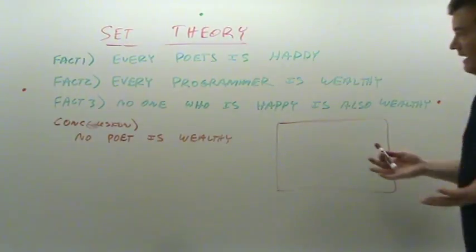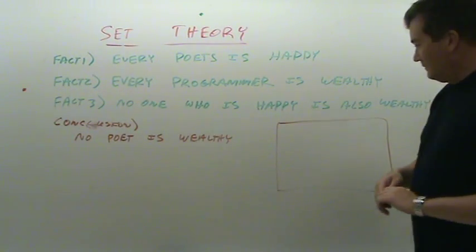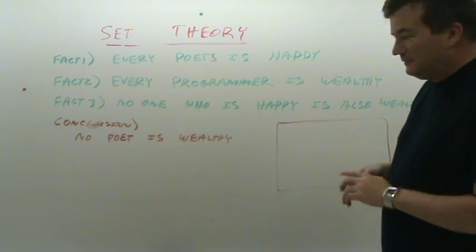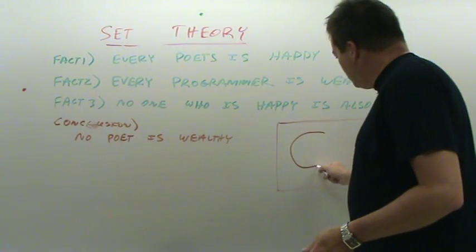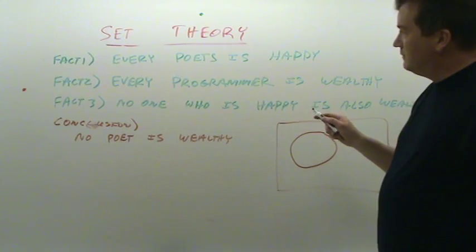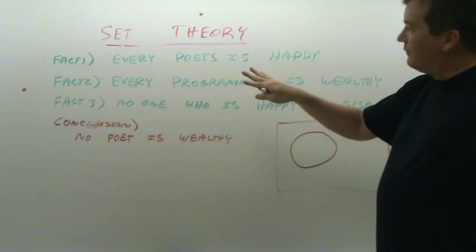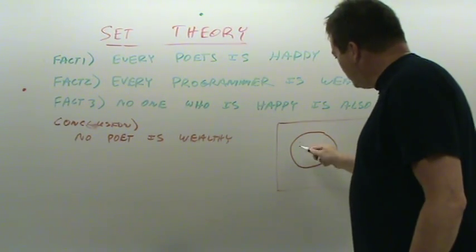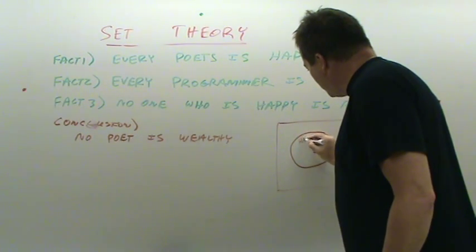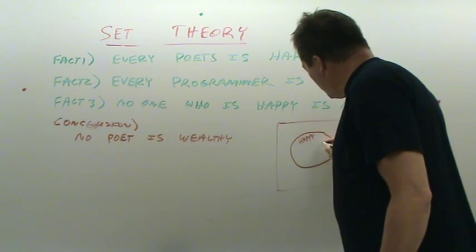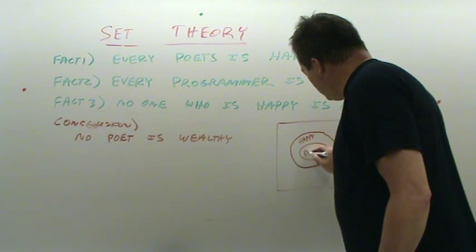We have a set of happy people, and we can draw a circle. Poet is a subset of happy, right, because every poet is happy. So poets should be inside of happy. Poets are on the inside.